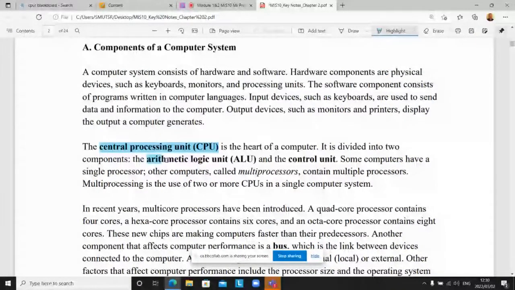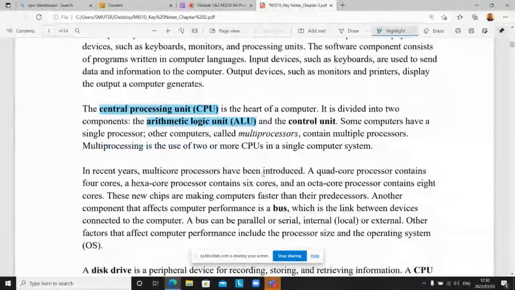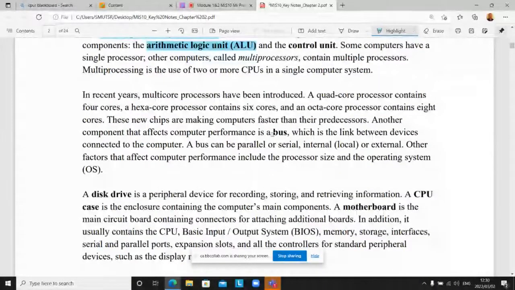Inside that is an arithmetic logic unit. We have something called a bus. Now, a bus is where information has to move around that computer. So it will move from the hard drive to the CPU, to the memory, the RAM.